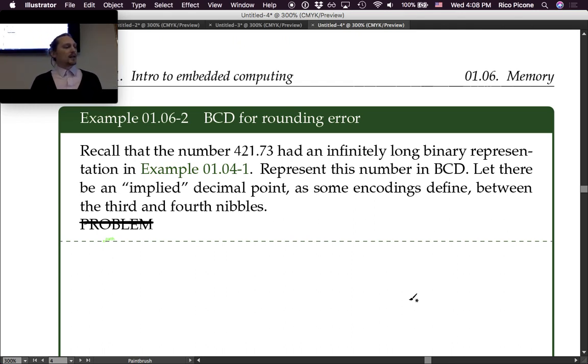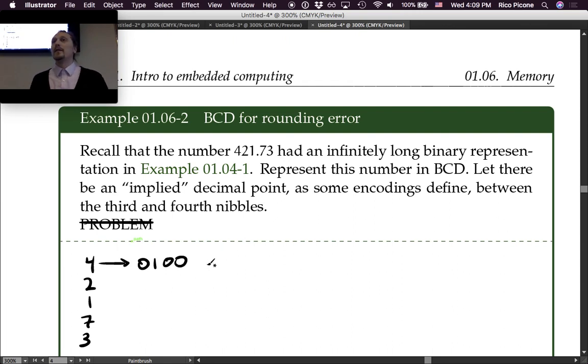So, how do we do it? What do you guys think? The idea here is to take each of these digits, the 4, the 2, the 1, the 7, and the 3, and represent them as a nibble. So the 4 is going to be 0, 1, 0, 0.